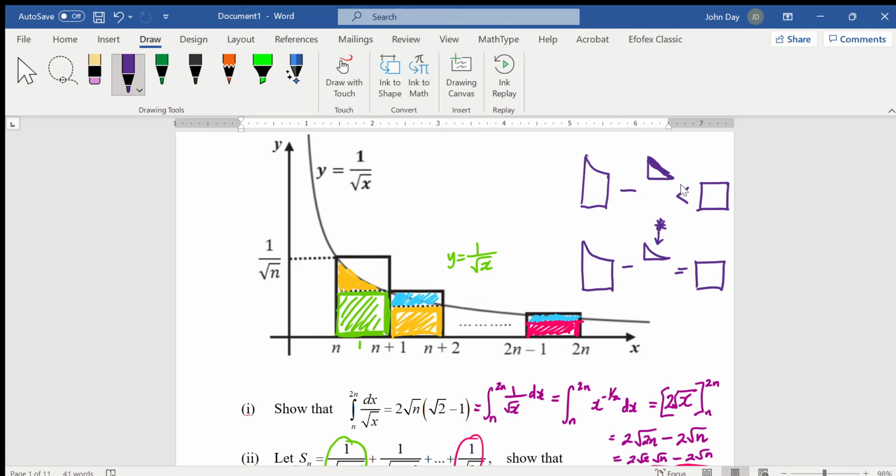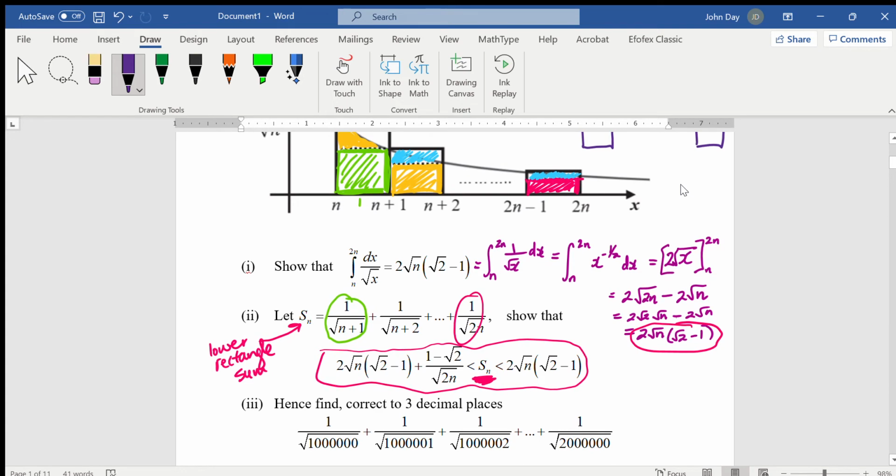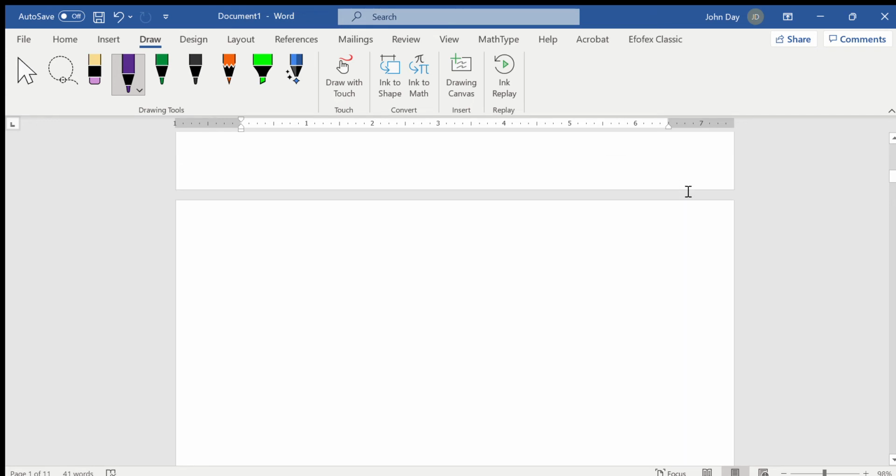And I think that's what they're getting at in part 2. So that's what we're going to be saying when we work that out now. For part 2, first of all, Sn is equal to the sum of the lower rectangles.